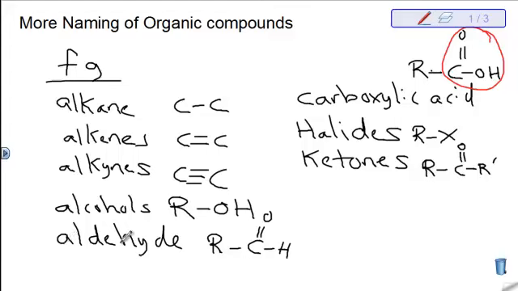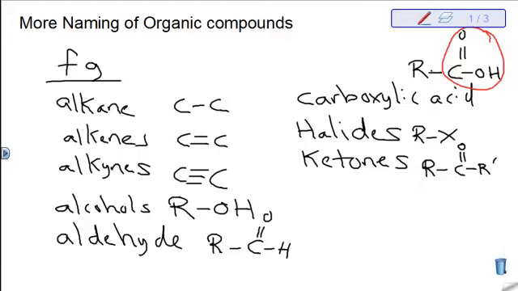The suffix for aldehydes is al. The suffix for carboxylic acid was oic acid. For halides, it was no suffix. Remember, for halides, we had a prefix where we changed the halogen from fluorine. We would change that to fluoro. So we would start with a prefix of fluoro, or chloro, or bromo, or iodo. And then for ketones, we had the suffix -one. Does anybody have any questions on any of that stuff from yesterday?